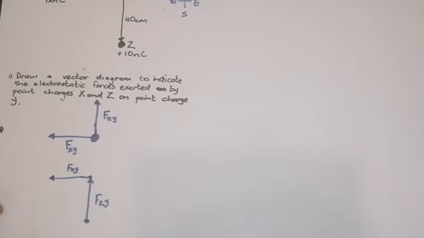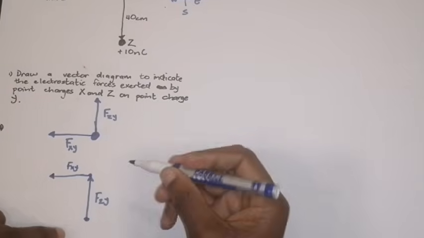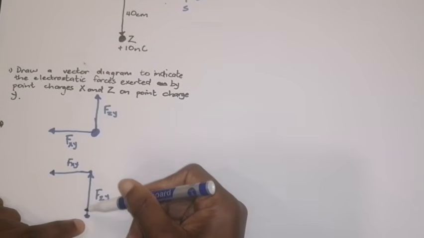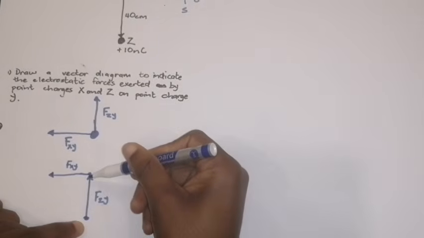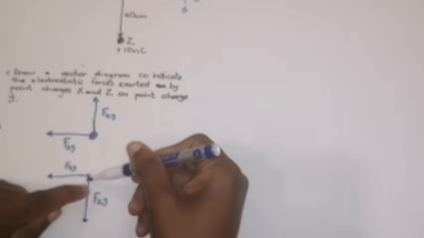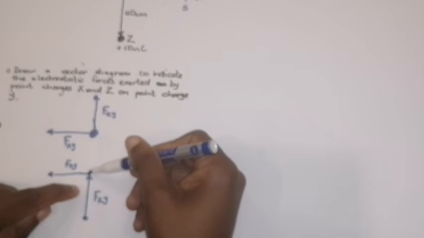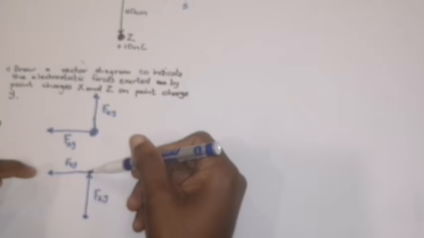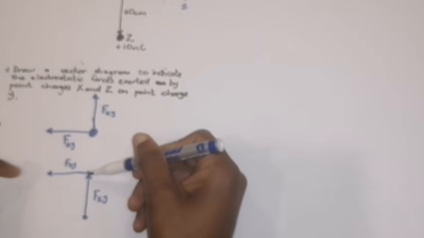Now look at this. We've got FZY. I've changed nothing about its magnitude nor direction, so it's going up. Here it is. And at the head of FZY begins the tail of FXY, so going in that direction. I've changed nothing about its magnitude, nothing about its direction.